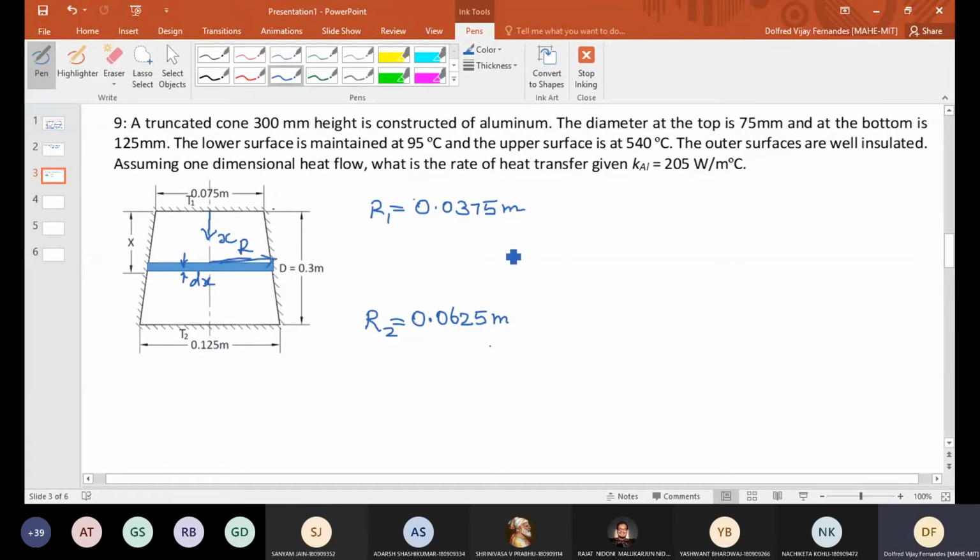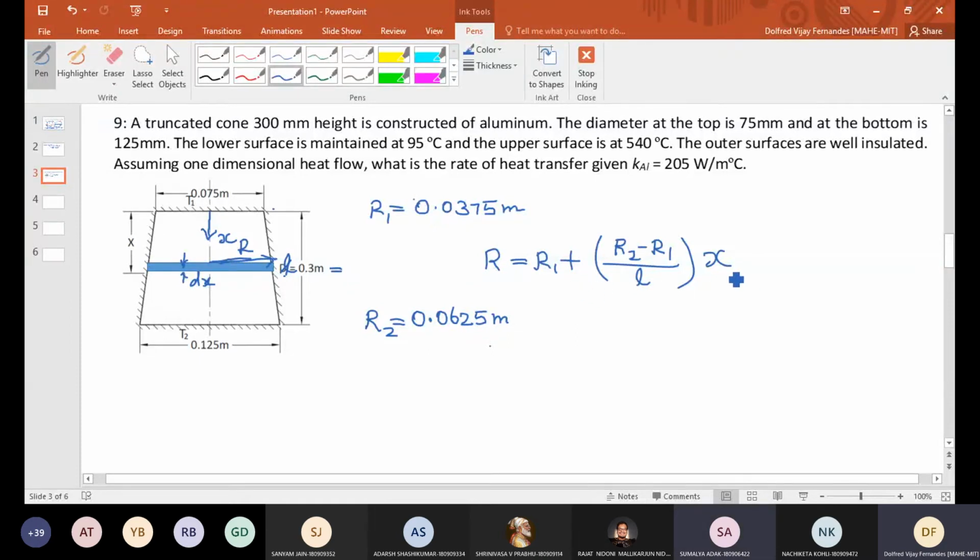R equal to 0.0375 plus, R1 plus R2 minus R1 divided by the length of the cone, L, into X.